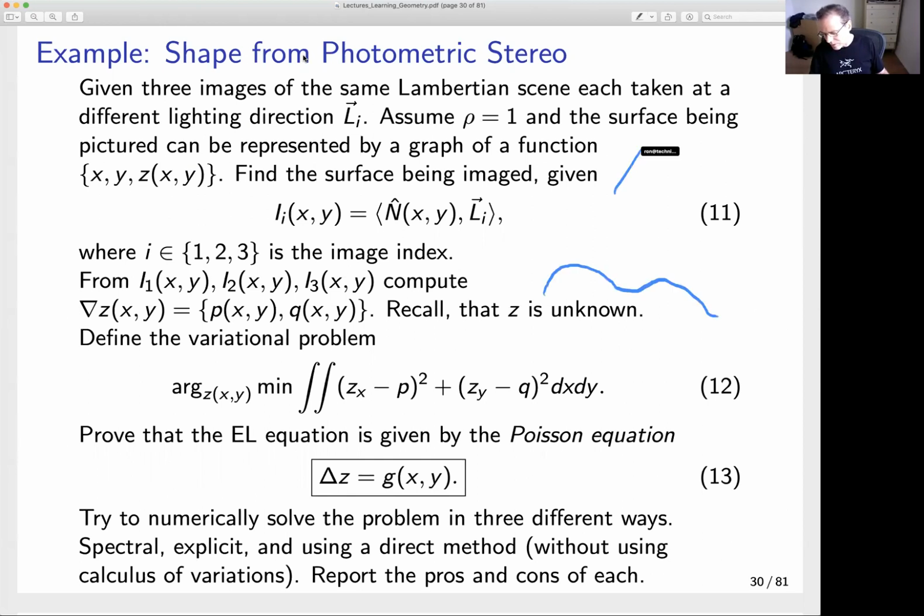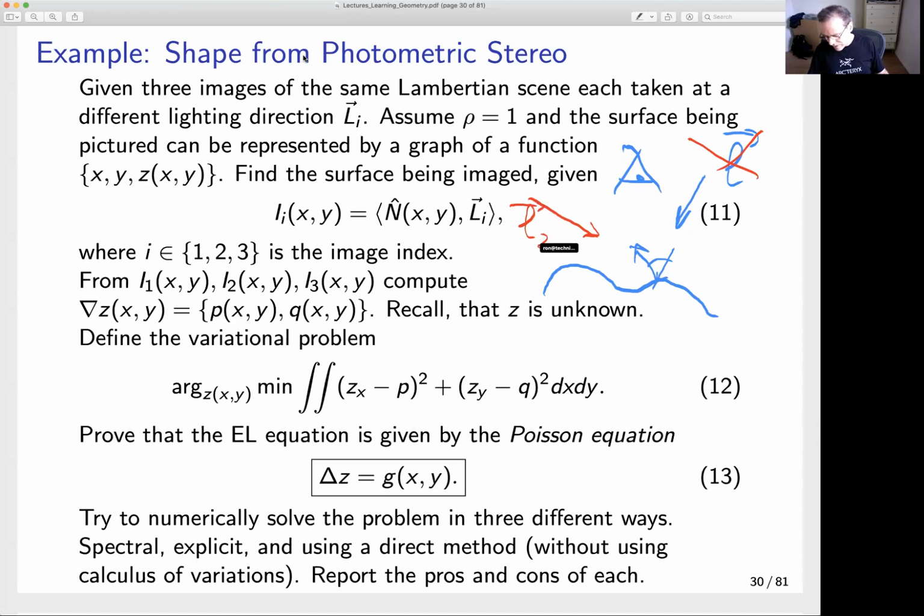Now if somebody is lighting the surface from this direction, the image that I'm getting would be the inner product of the normal with this light source direction. So this would be one image. Now somebody has taken this image and removed this light, and is now lighting the surface from a different direction. So this would be L2.